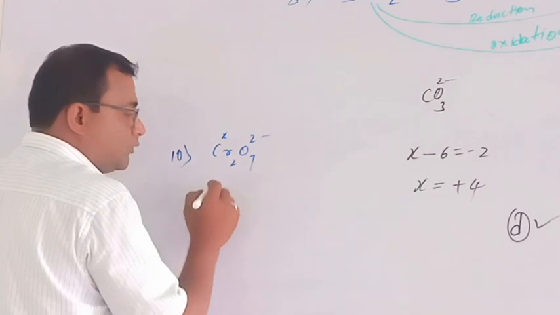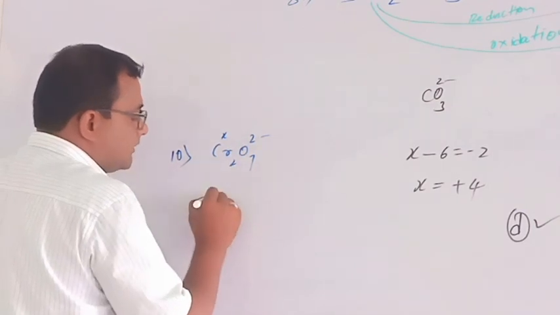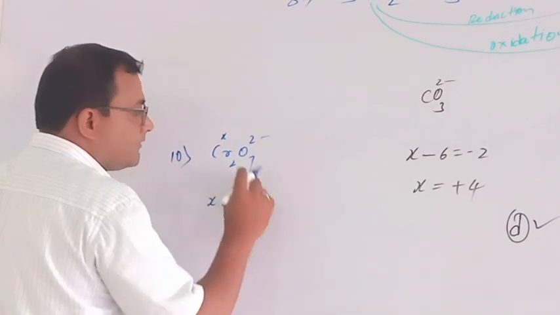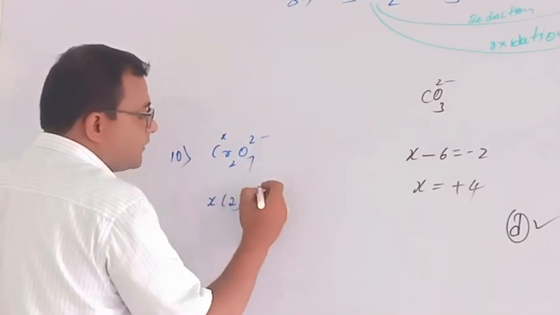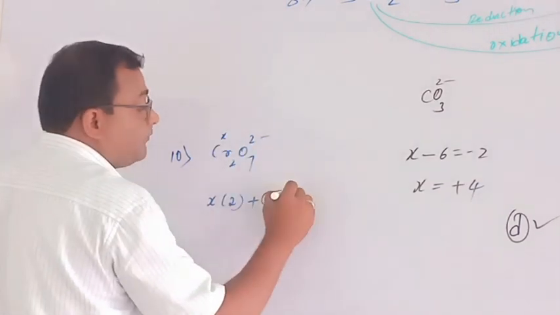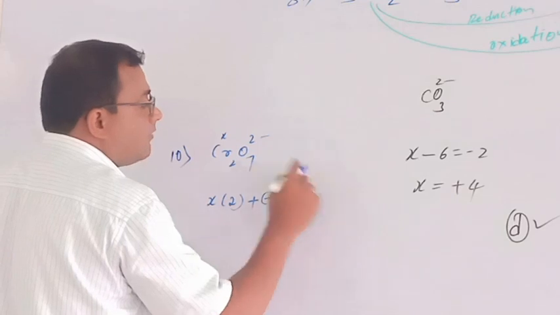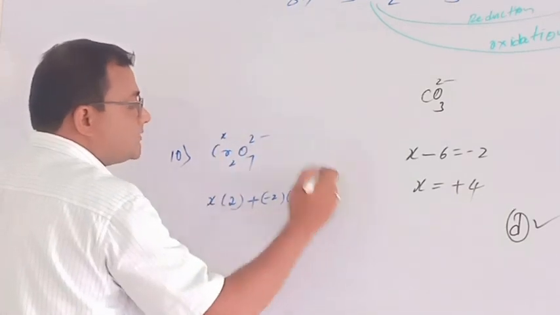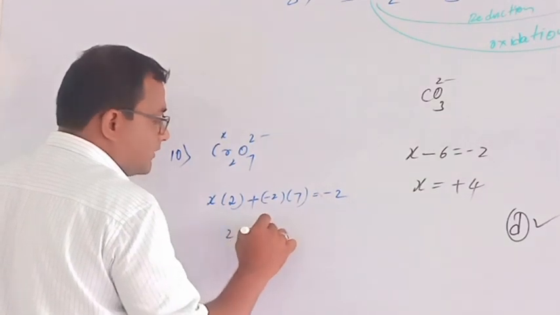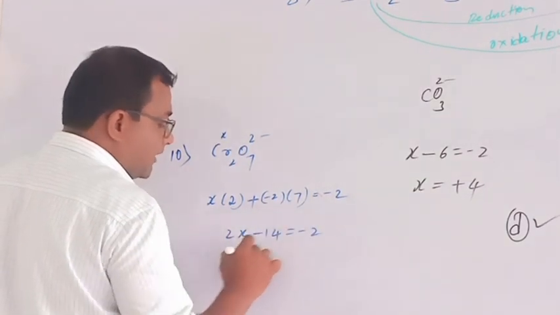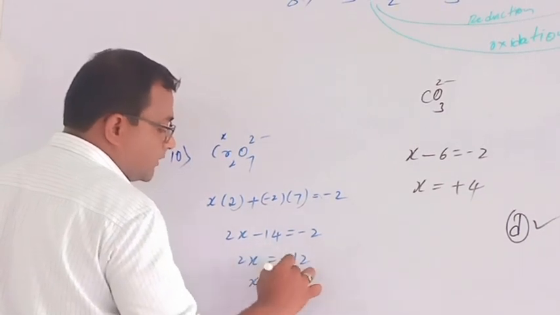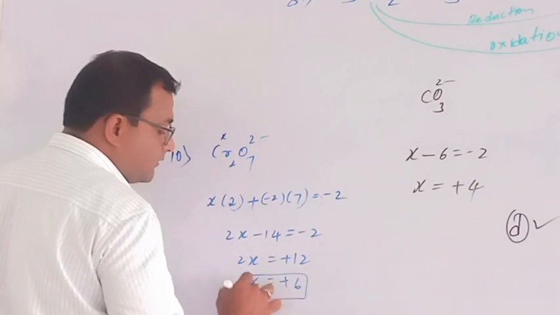How many chromiums are there? 2, so charge 2x. Then the charge of oxygen is minus 2, separately, number 7. The total charge is minus 2. So 2x minus 14 is equal to minus 2, 2x is equal to plus 12, x is equal to plus 6.